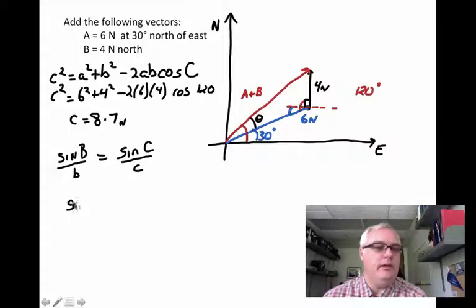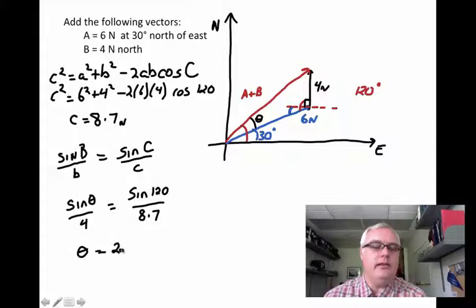So that means sine of that angle over 4 is equal to sine of 120 over the length that we just calculated, which was 8.7. And again, my calculator tells me that that is an angle of 23 degrees.